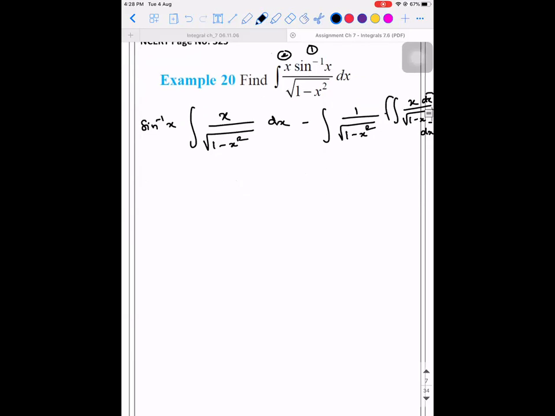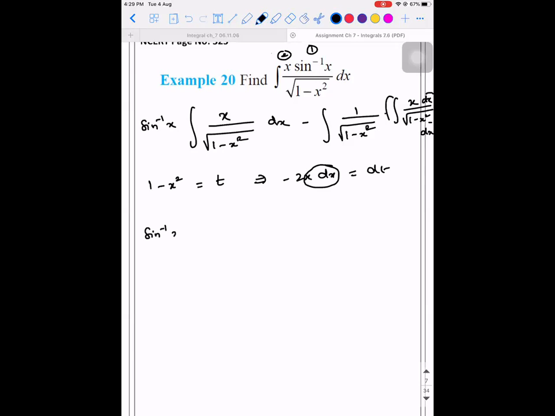Okay. So how am I supposed to integrate x by root of 1 minus x square? I need to take 1 minus x square as t, so that minus 2x dx will be equal to dt. So x dx will be equal to minus dt by 2.